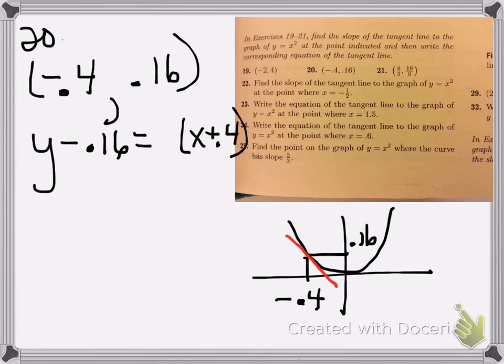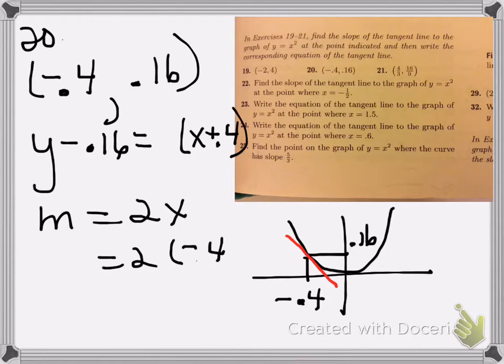Alright, for 20 I've set things up already. I have sketched my graph, and I've written out my problem, and I've started writing my line. So the last thing I need to do is figure out what the slope is. So I know because I'm on the parent parabola, the slope will always be 2x, and the x they gave me was -0.4.